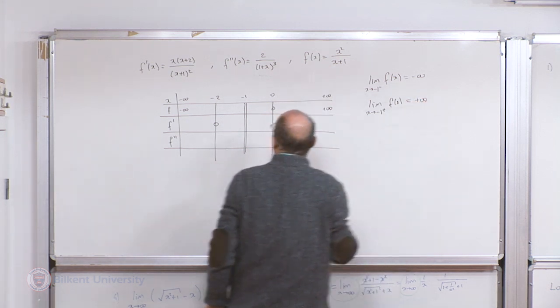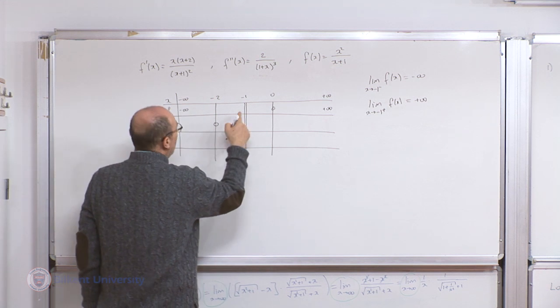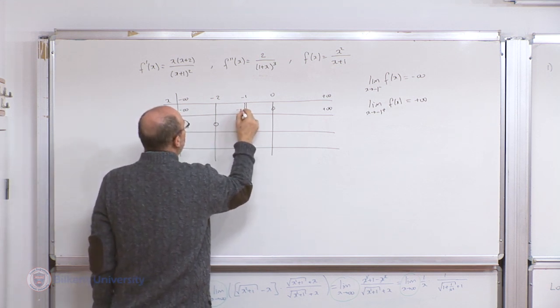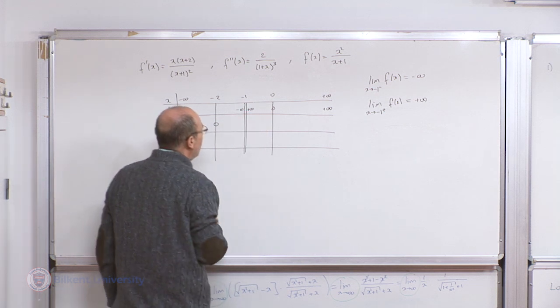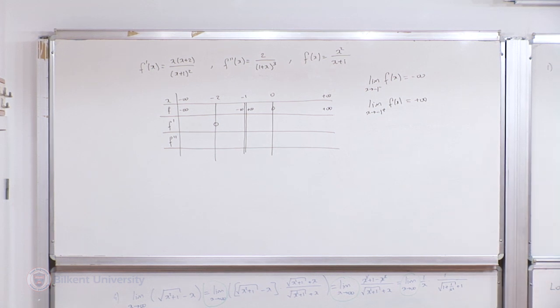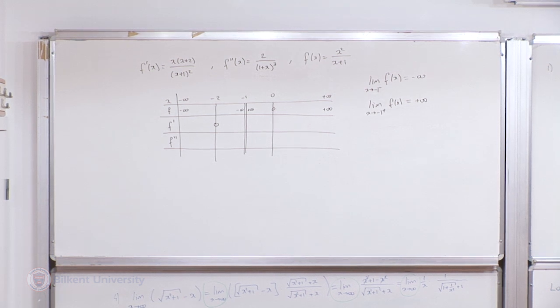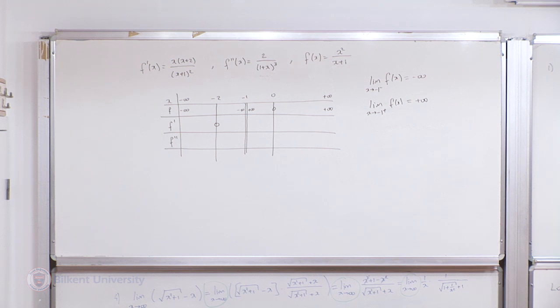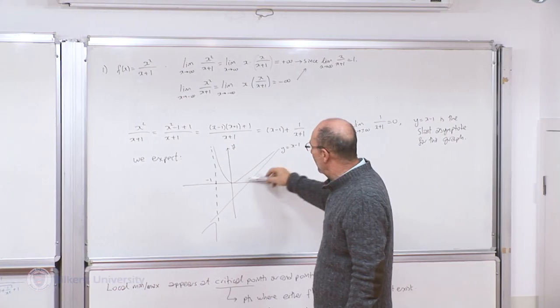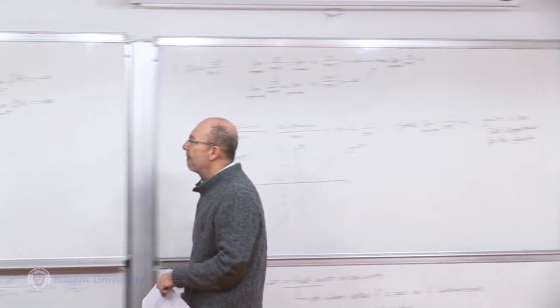Plus infinity. So it is minus infinity here and plus infinity here. We check this with our expectation. The function comes from minus infinity, changes its mind, and again goes to minus infinity. And here, again, the same thing happens, same as our expectation. It comes from plus infinity, goes to plus infinity.